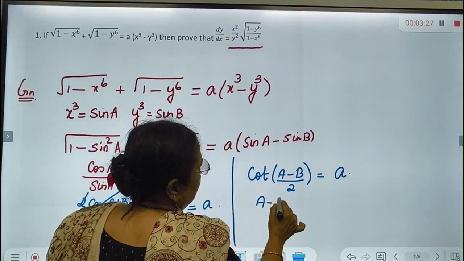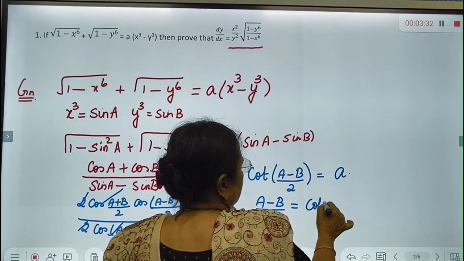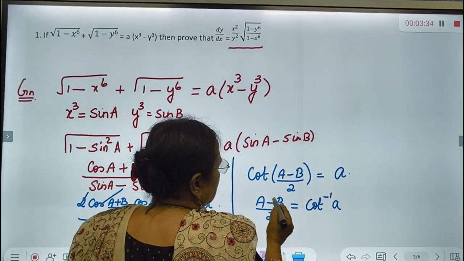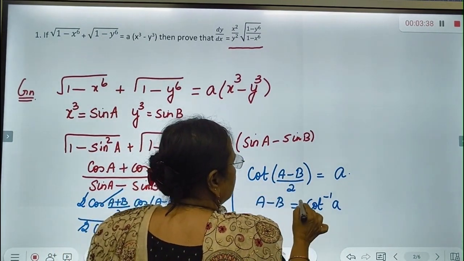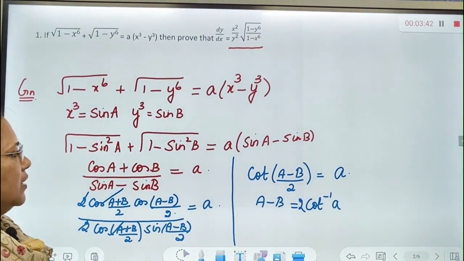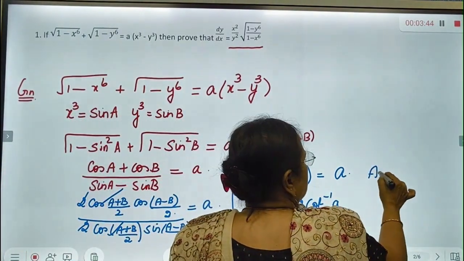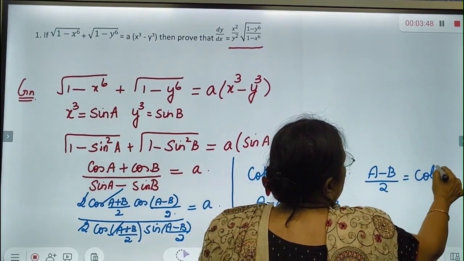So a minus b by 2 is cot inverse a. In fact, a minus b is 2 cot inverse a.